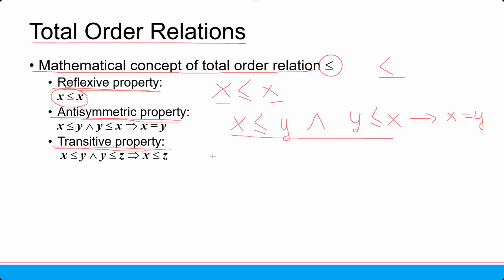The transitive property is x is less than or equal to y, and y is less than or equal to z, so it implies that x is less than or equal to z. Okay. Using this total order relation, there will be a lot of ways to deal with the data structure and the algorithms.